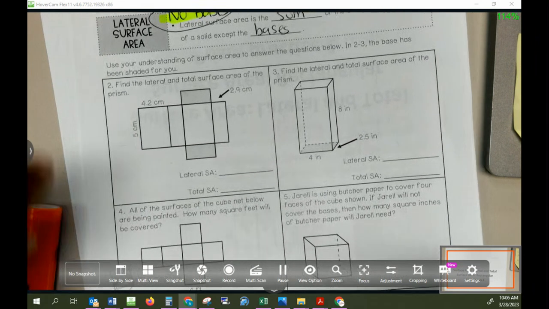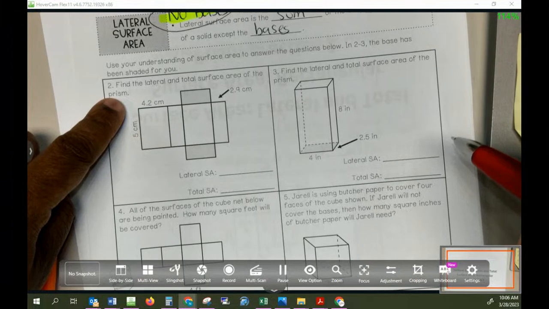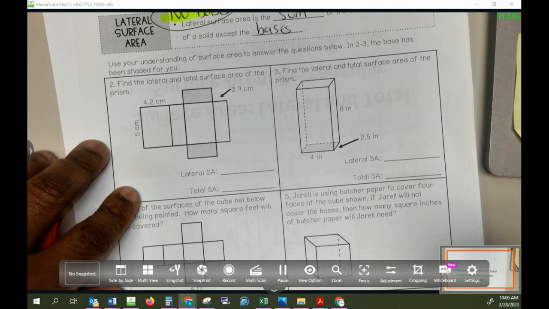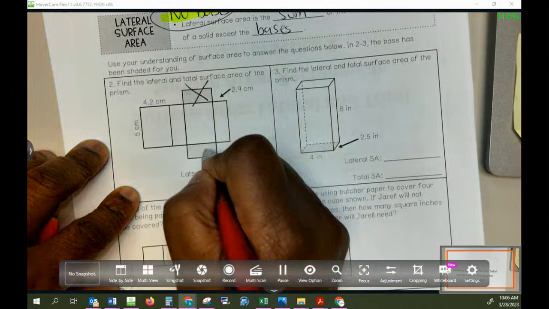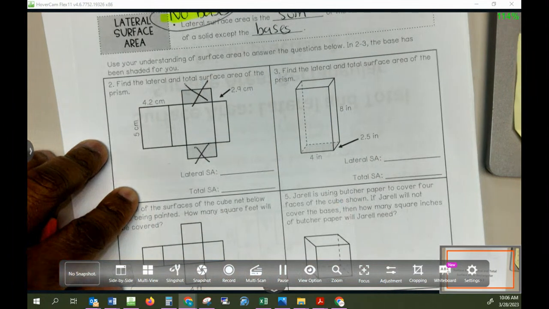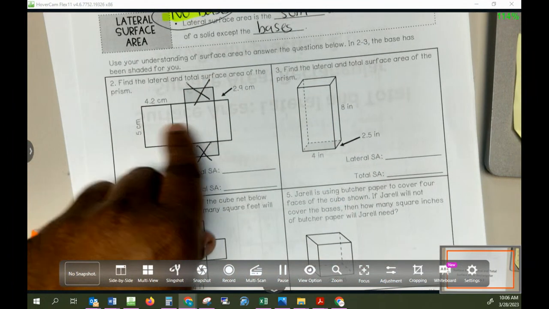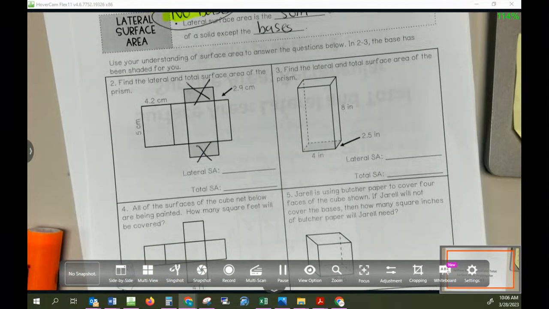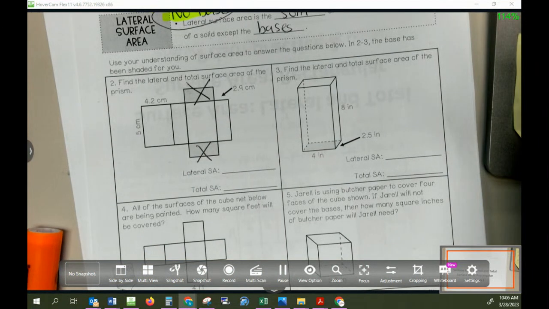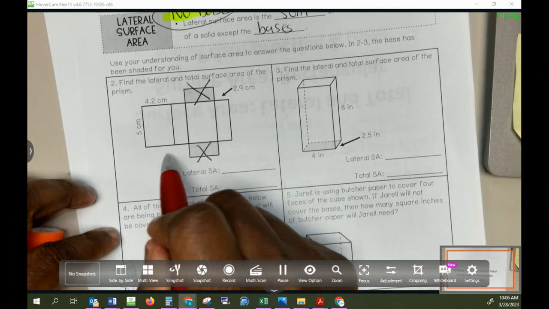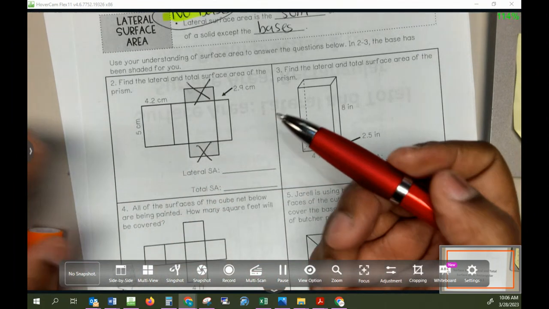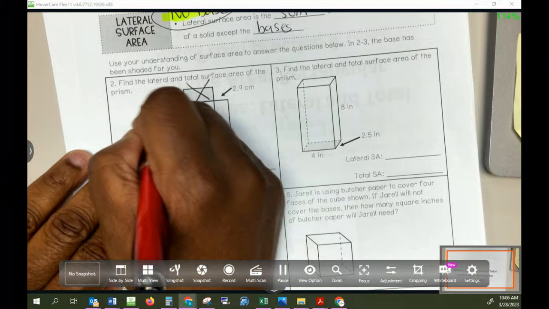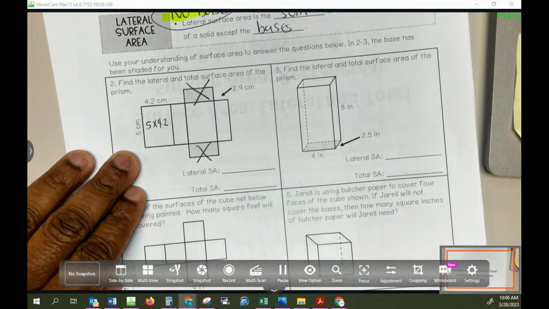All right. So here, find the lateral surface area of the prism. Now we do not need to worry about the bases this time. Lateral just means we're only dealing with the middle. Because we know that we do everything by 2s, this is going to be 5 times 4.2.